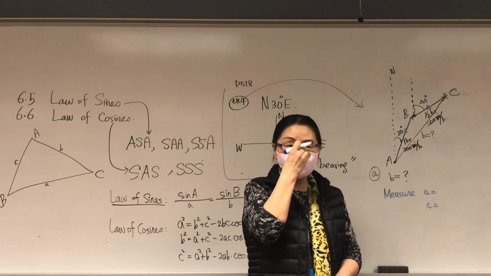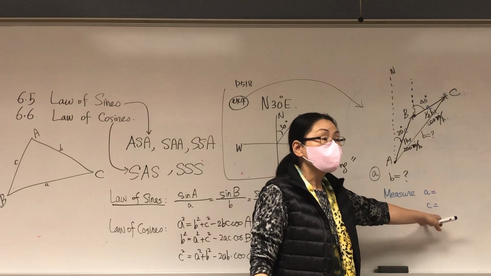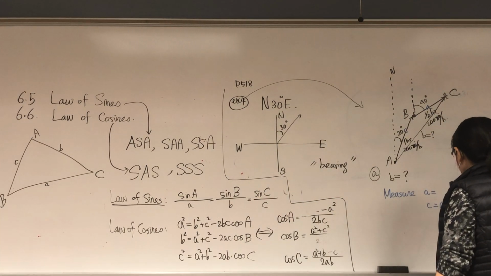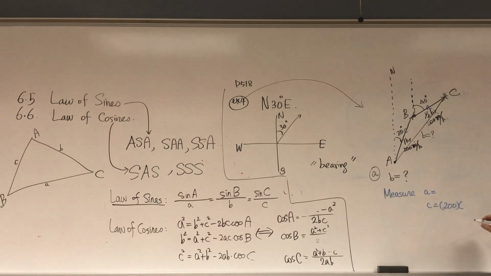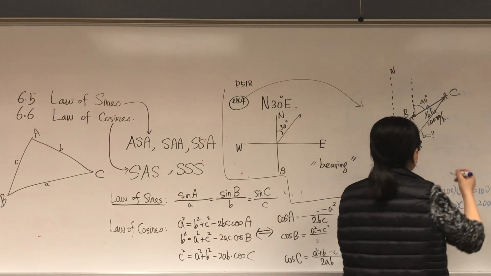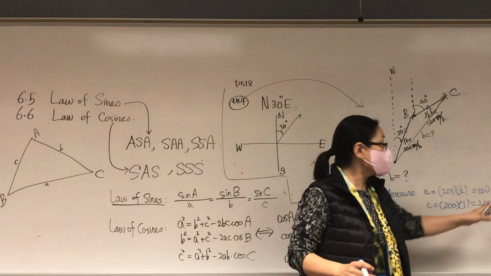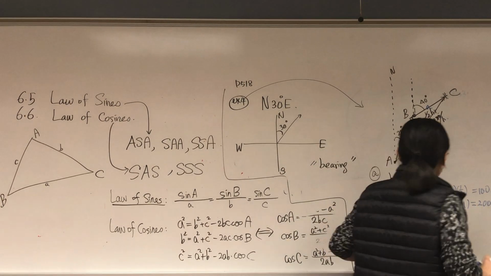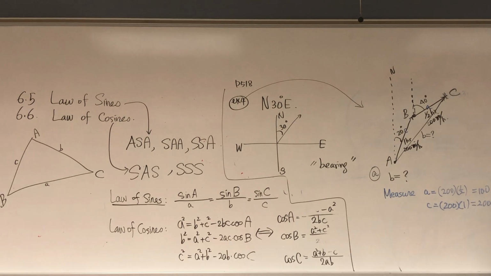We only know velocity and time. C is 200 times 1 hour. What is the other distance? 200 times 1/2. Good job. So the length of A is 100, the length of C is 200, am I right? Good.